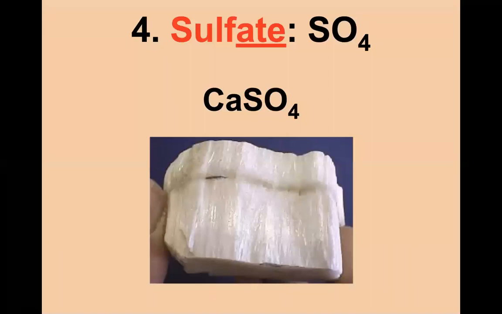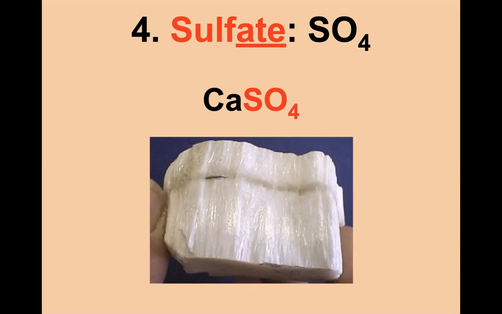Here we have one with sulfur and oxygen at the end. That forms a sulfate, the sulf coming from sulfur, which is the S. So silicon, oxygen, silicate; carbon, oxygen, carbonate; sulfur, oxygen, sulfate. You see where this is going?